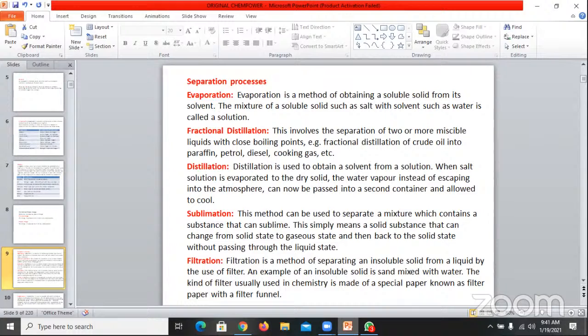Yes, I do. So camphor can move straight from solid to the gaseous state without having to pass through the liquid state. Okay.